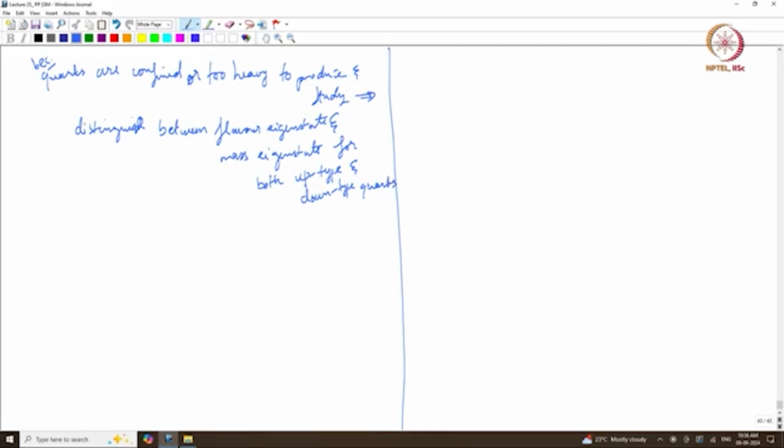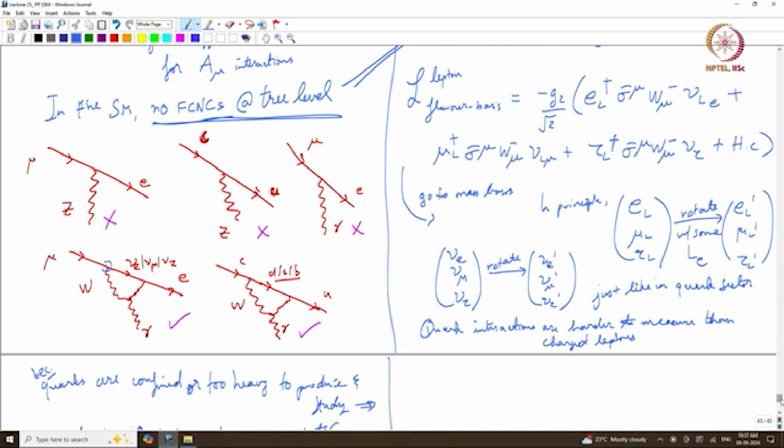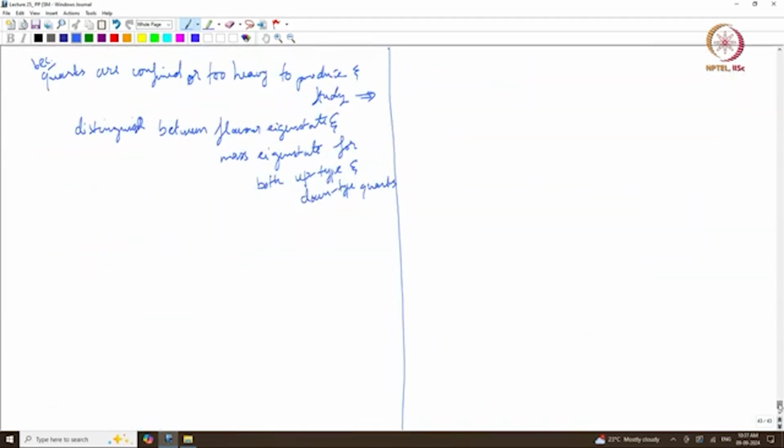Agreed? But we do not actually have such a difficulty for charged leptons. What you see as what interacts as the electron is literally also what you would take as the mass eigenstate. Why? Because electrons, muons and tauons can be free. They are free actually. So, let me write down: no such difficulty for charged leptons.